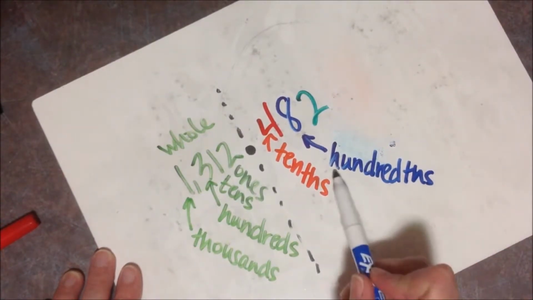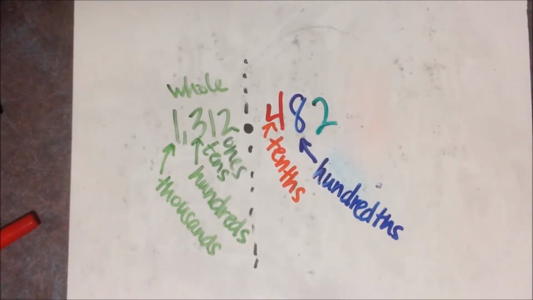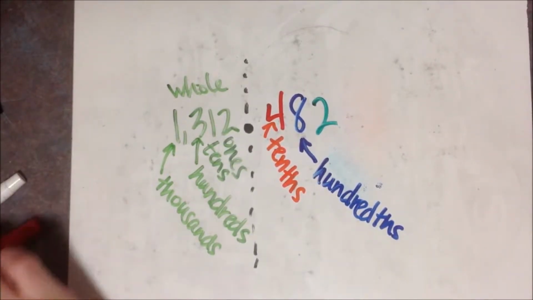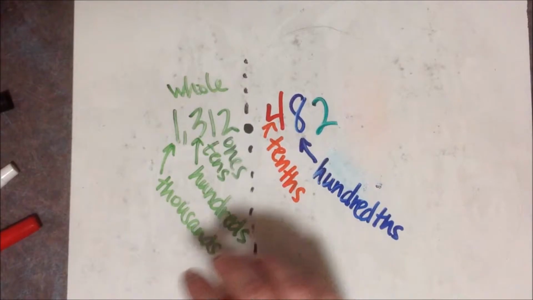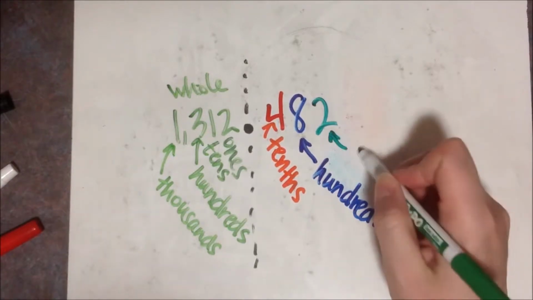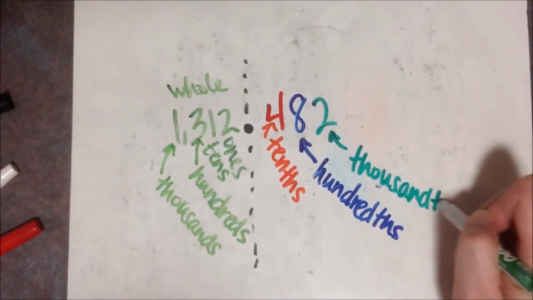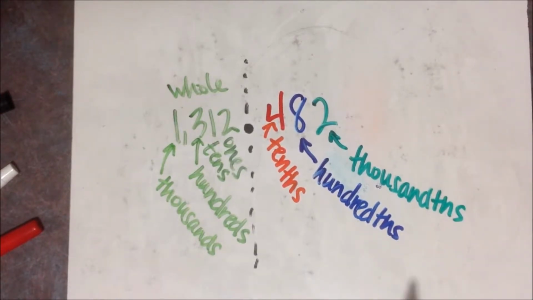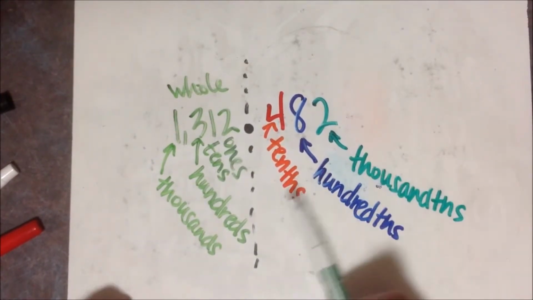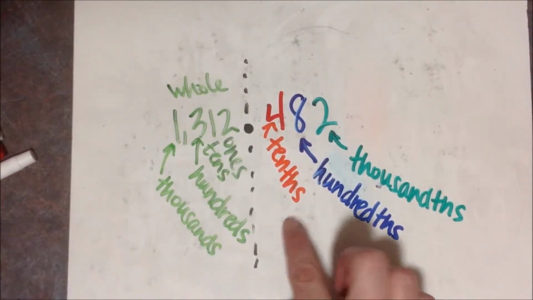So again, it looks like 100, but it's got this THS on the end of it. And then this other color green, this place is the thousandths place, and it goes out from here, but these are the 3 that we're going to work with specifically in class. And here's what this all means.